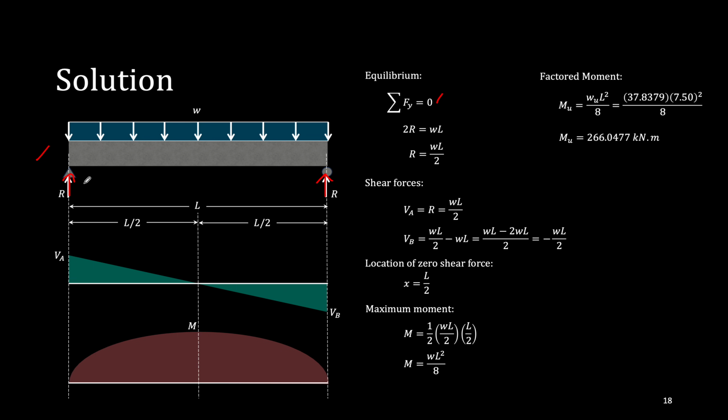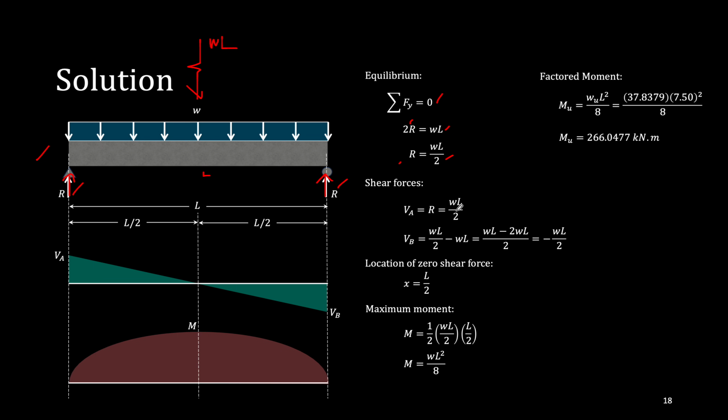By symmetry, meron tayong dalawang forces going upwards, which are 2R, which is now equivalent to, kung kukunin natin yung resultant force nitong uniform distributed load natin, W times yung length ng ating beam. After that, we're going to divide both sides of our equation by 2. Therefore, yung ating reaction is equivalent to WL all over 2.